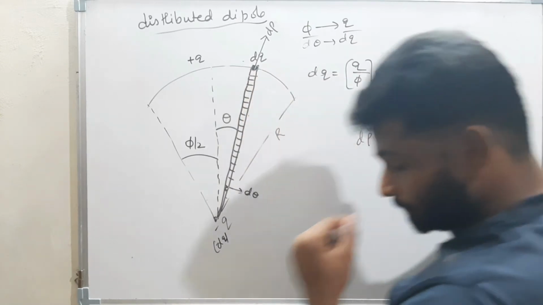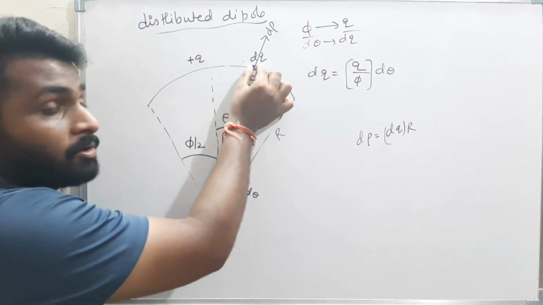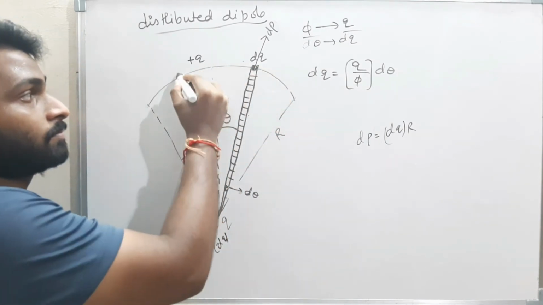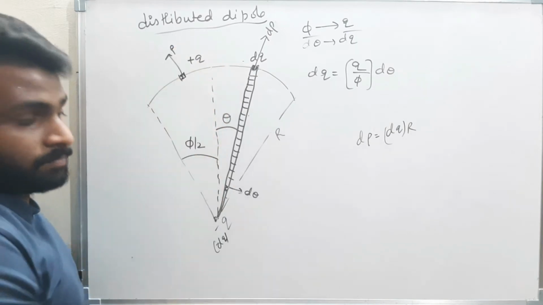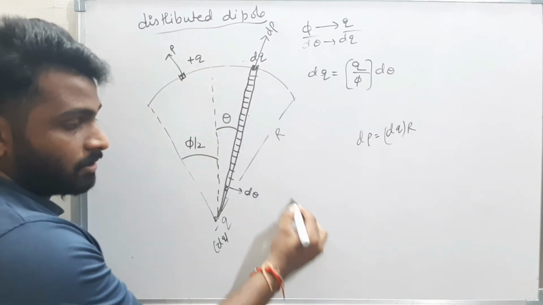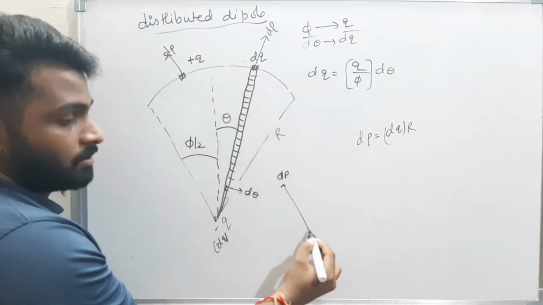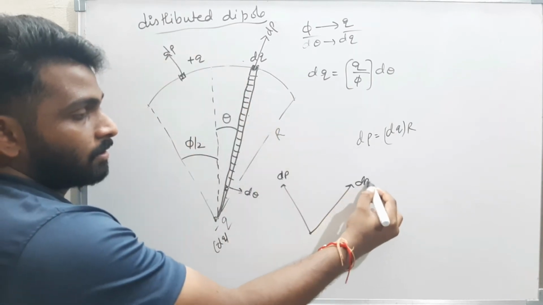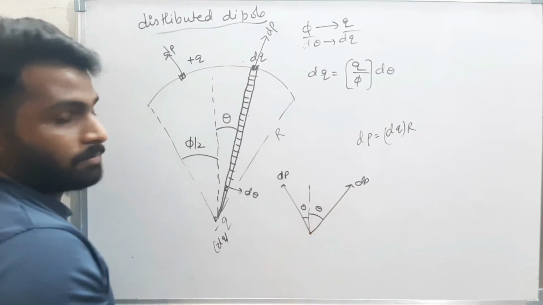And now one more thing. If I assume a small elementary component on this side, because of this the dipole moment will be in this direction. Obviously here, this is dp, and this is dp, and this is the center line, making some angle theta, and this is also making some angle theta.